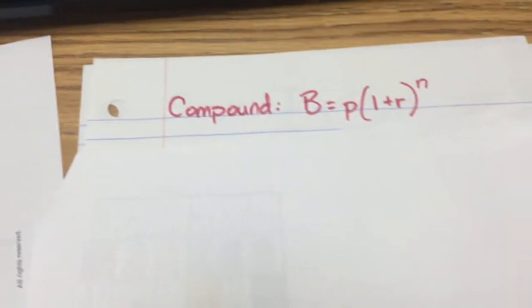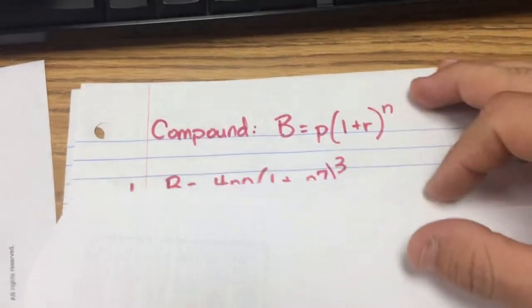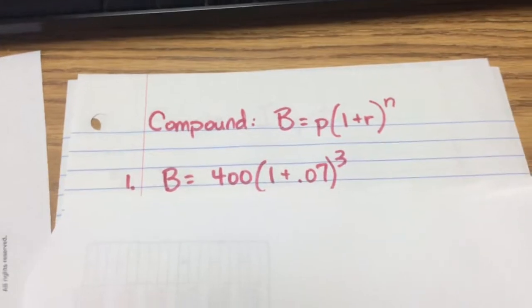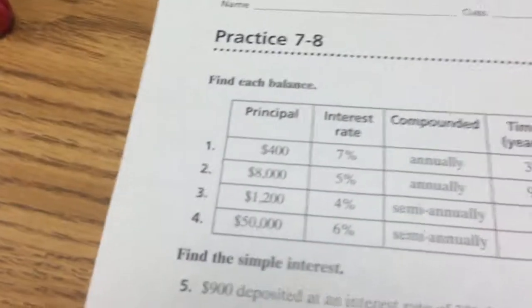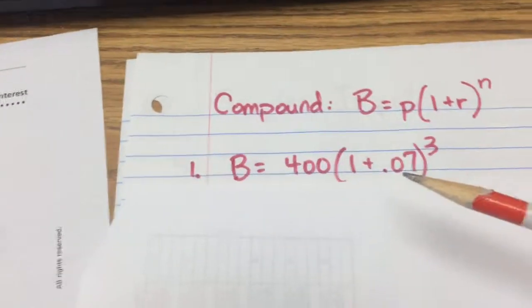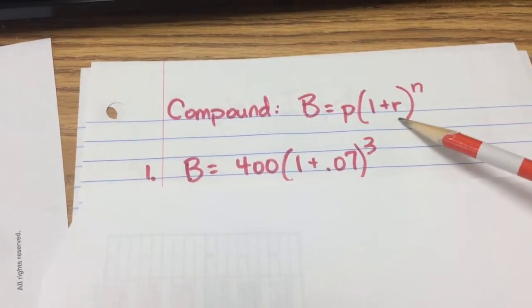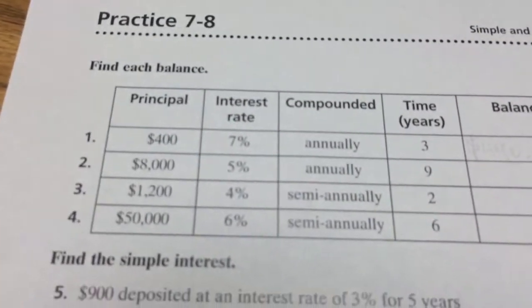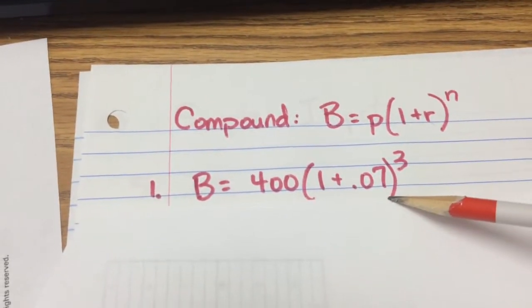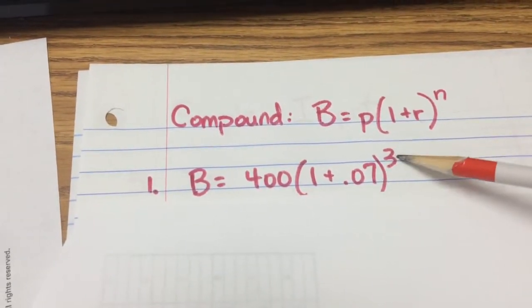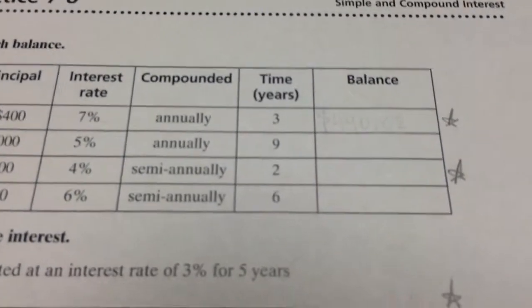So let's go over to number 1, and for my principal, I'm just going to substitute in 400. That is the principal. It tells you right there. And then for rate, I'm going to convert 7% to 0.07. I've got to turn it into a decimal. I'm going to raise that to 3 because 3 is the number of years.